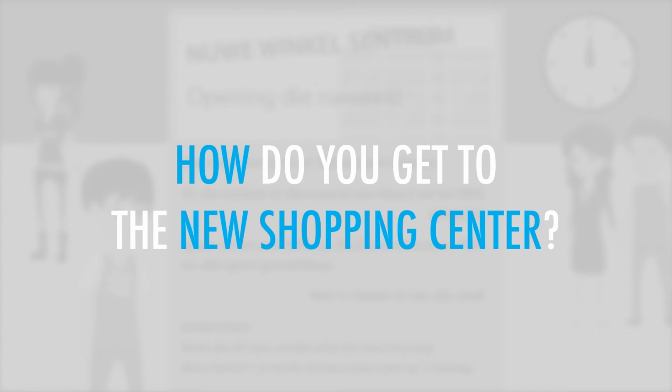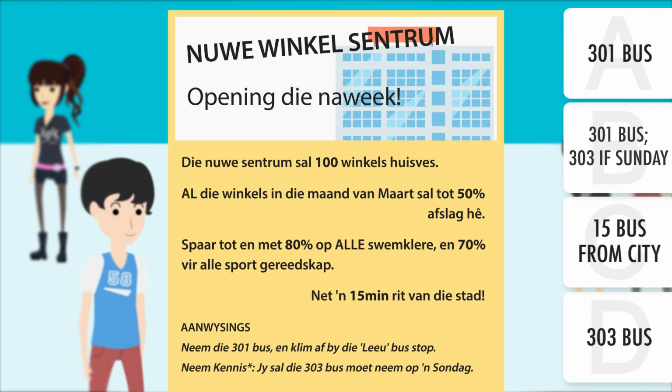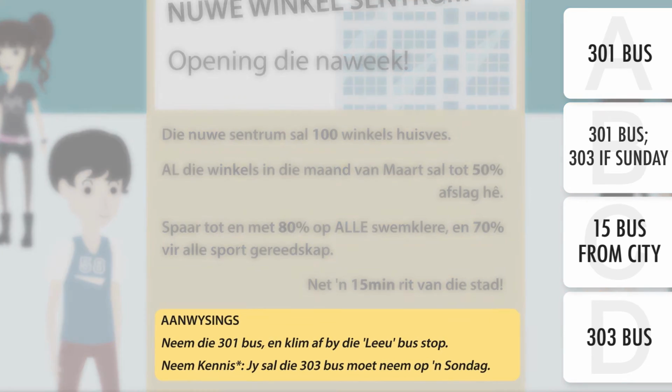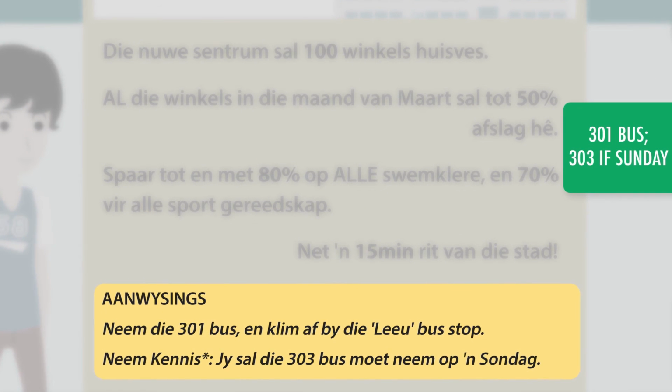How do you get to the new shopping center? The leaflet says that you can use the 301 bus or 303 bus if it's a Sunday to get to the new shopping center. 301 bus of die 303 bus as dit Sondag is.